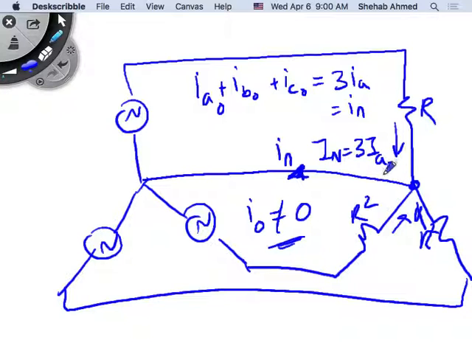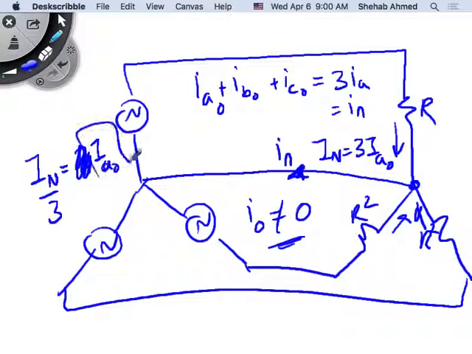So if I have a zero sequence component, the neutral current is 3 times that component. If I take that neutral current divided by 3, I will end up with my zero sequence component. Do you see where I calculated my zero sequence component from?